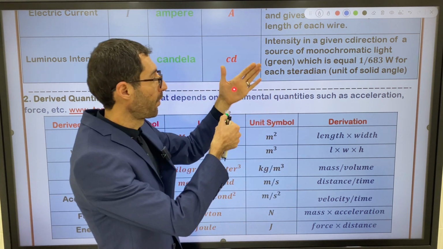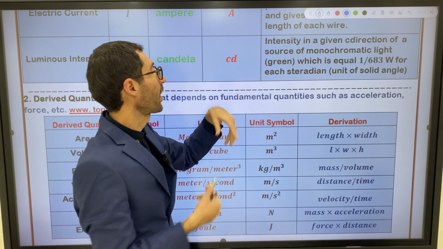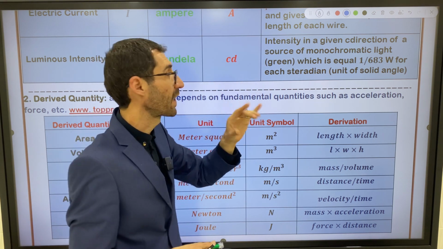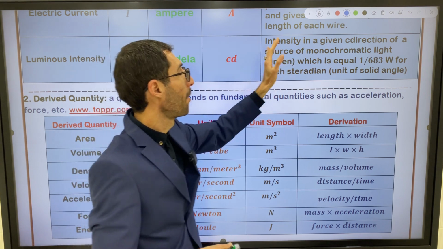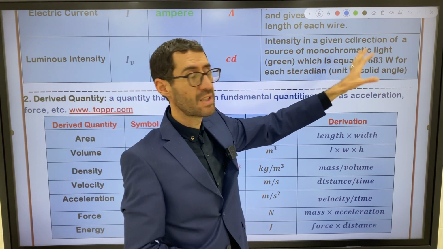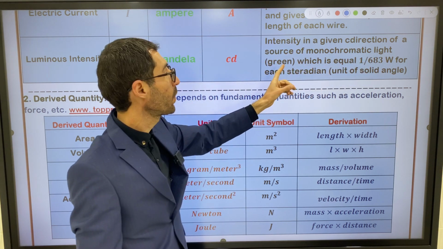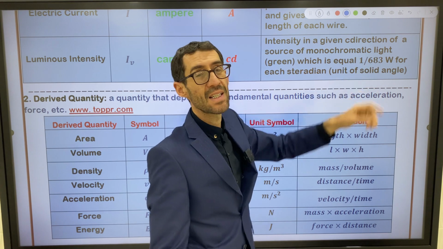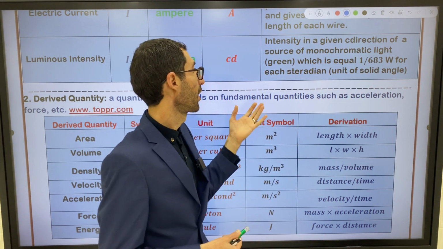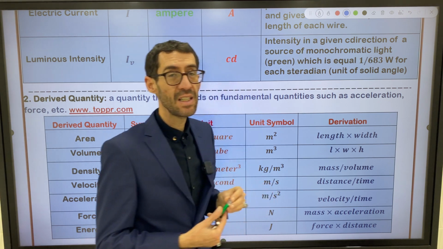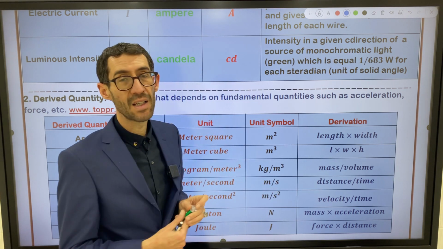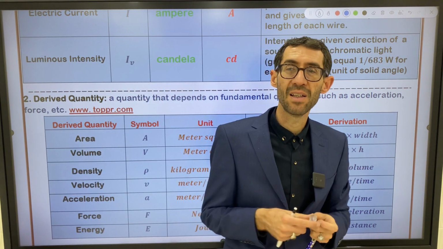It's a part of visible light, a part of white light. One wavelength, one color. Single color means monochromatic. Specifically green, which is equal to 1 over 683 watt for each steradian, the unit of solid angle.